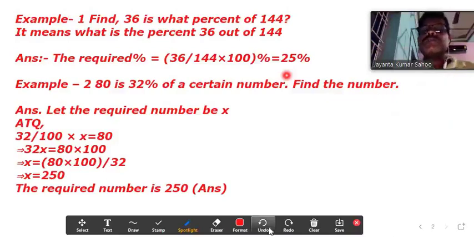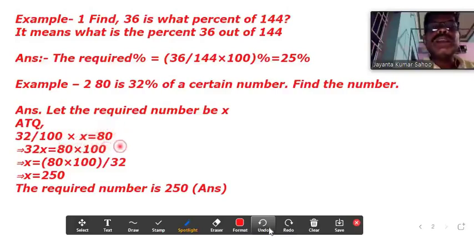Another example: 32% of a certain number is 80. How can we solve this? Let the required number be x. According to the question, 32% of x is 80.